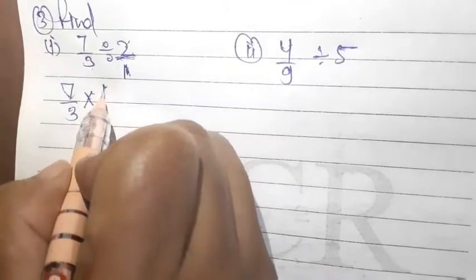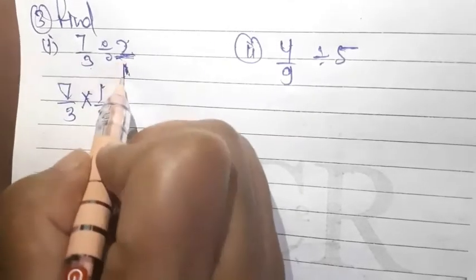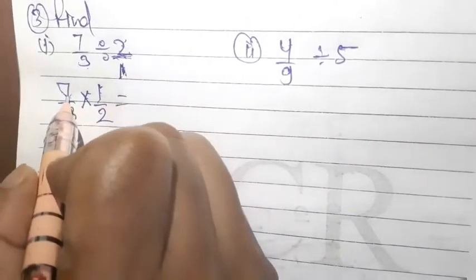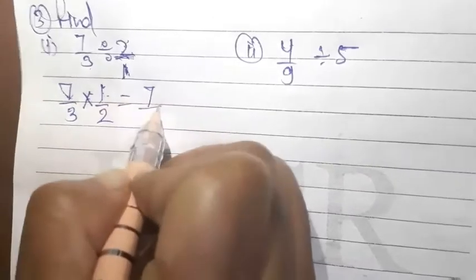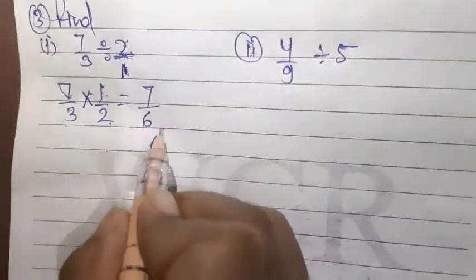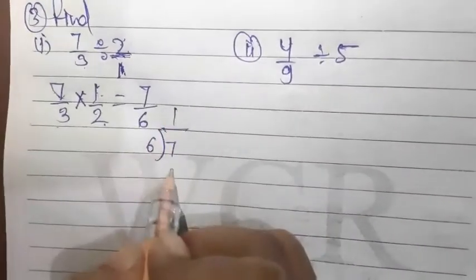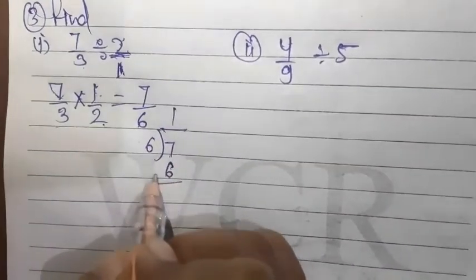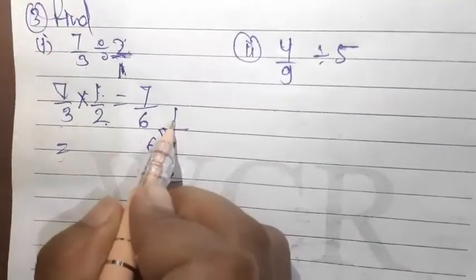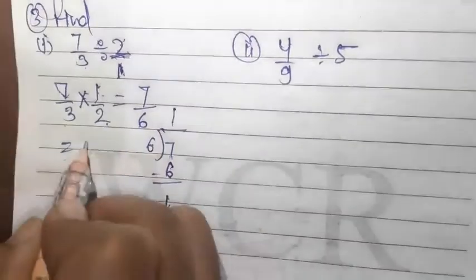So here I write 1 by 2, because 2 by 1 is reciprocal. This is the reciprocal of 1 by 2. Now multiply this value. So 7 times 1 is 7 and 3 times 2 is 6. Now change into a mixed fraction. So here 6 times 1 is 6, and subtract this value. So 7 minus 6 we get 1. So the answer is one whole number 1 by 6.